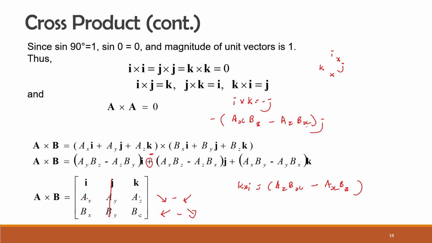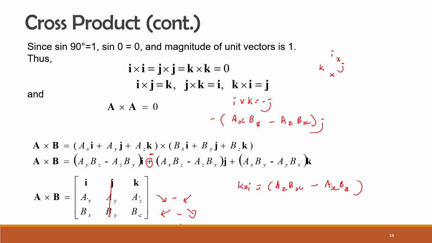So when you negate, it's positive AZ BX minus AX BZ. So for component J, it's up to you. If you maintain the same orientation, I cross K is negative J, unless you take K cross I.